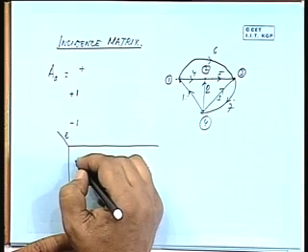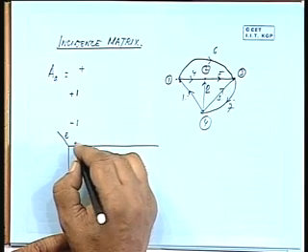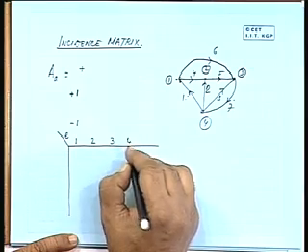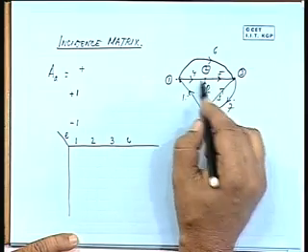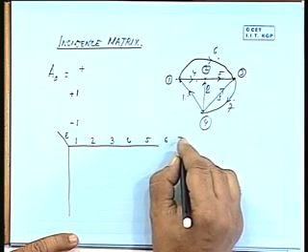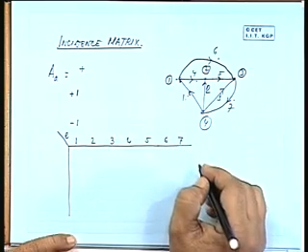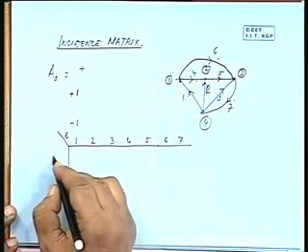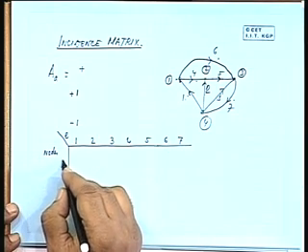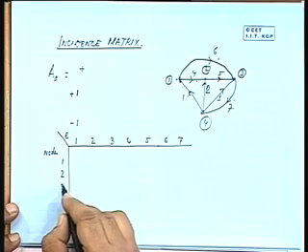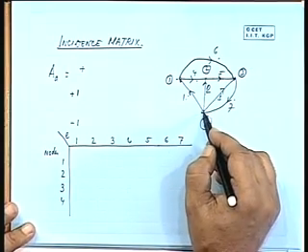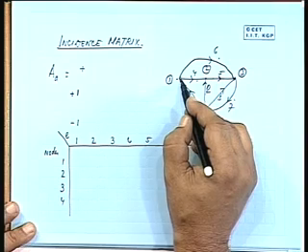Elements or edges, there are 7 elements: 1, 2, 3, 4, 5, 6, 7. And nodes 1, 2, 3, 4. So, the first element is going from 4 towards 1.